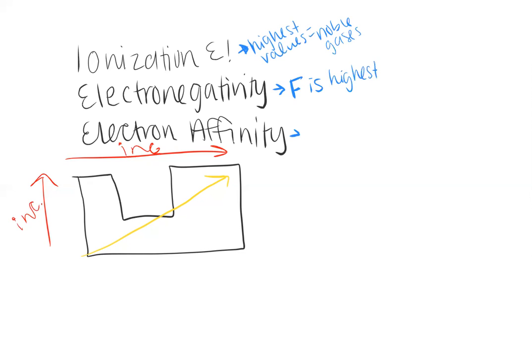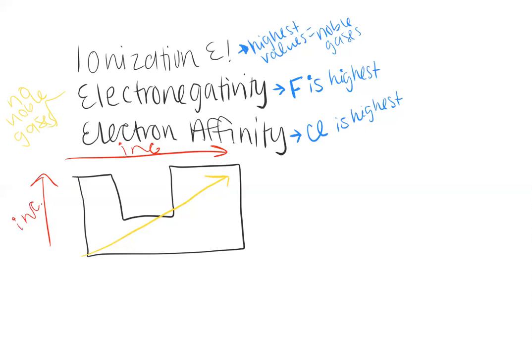Little strange trick here, but for electron affinity, chlorine is actually the highest. And that's just because of a weird relationship with fluorine. So if you notice the noble gases, they don't really count for these two, but the noble gases are super important for ionization energy.